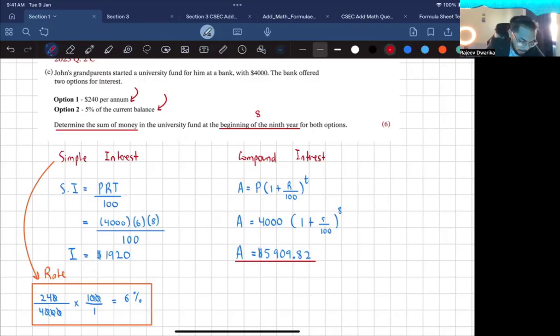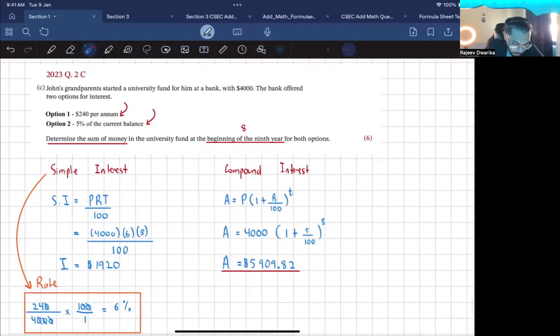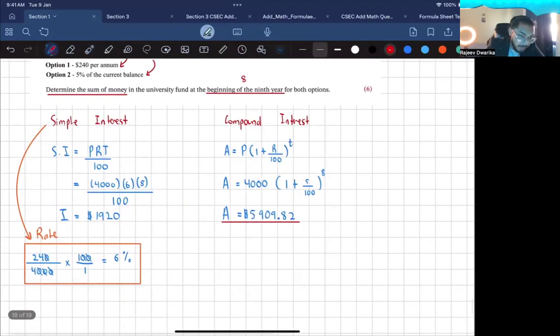Look for instance here. By putting 4,000 into the bank for 8 years, how much money did I get? $1,920. So what's the sum of money I'm going to get? Remember, I did put in 4,000, so what's the total amount of money I get? 4,000 plus the 1,920.